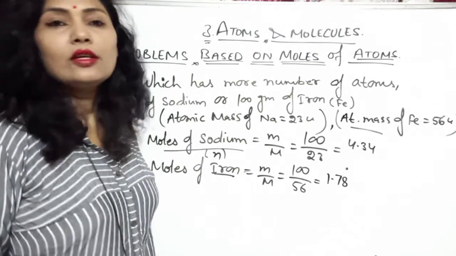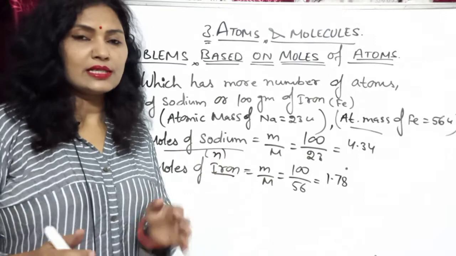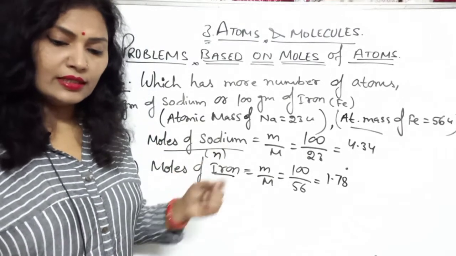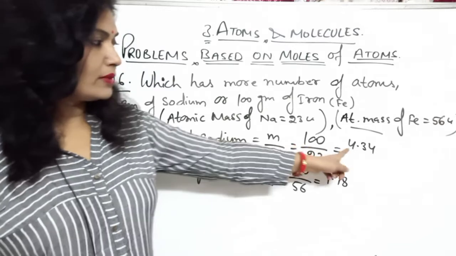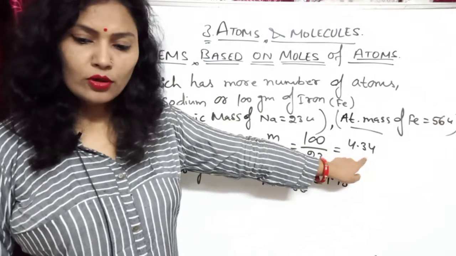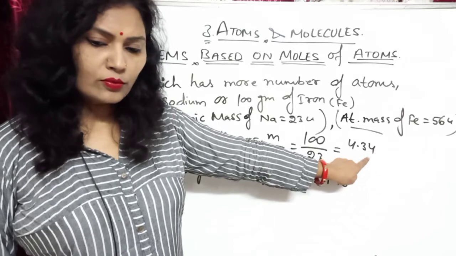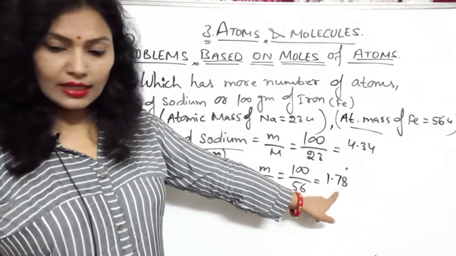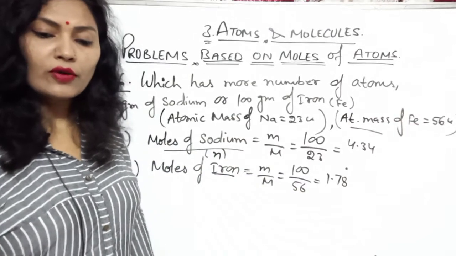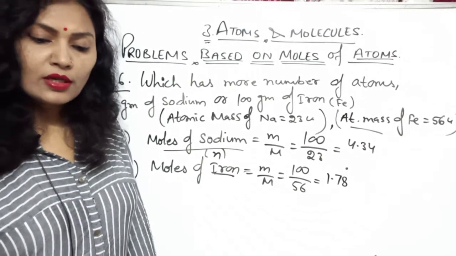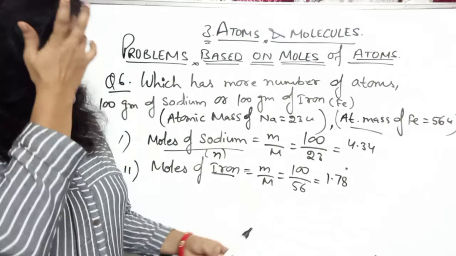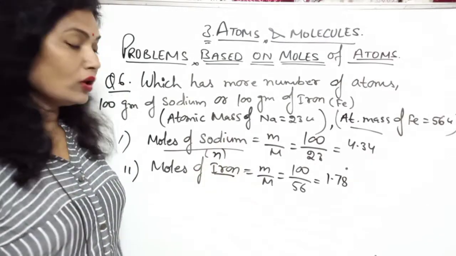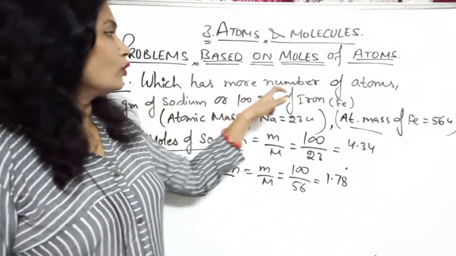The mass of the substance is the same, 100 gram, but we have seen that in case of sodium it is 4.34, so the number of moles is more here. In case of iron it is less, got it? So, you can find out easily with the help of this type of problems. In this case you find which has more moles, and that has more number of atoms.